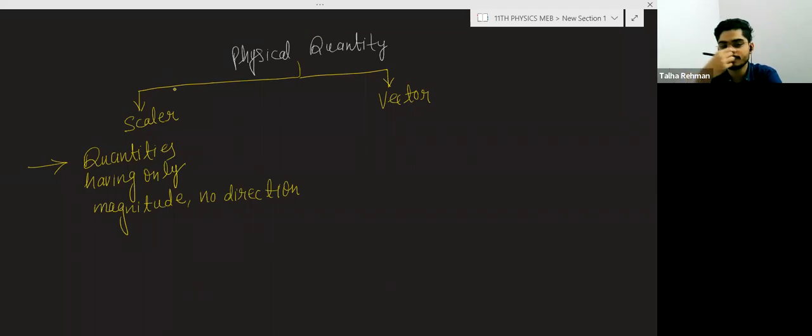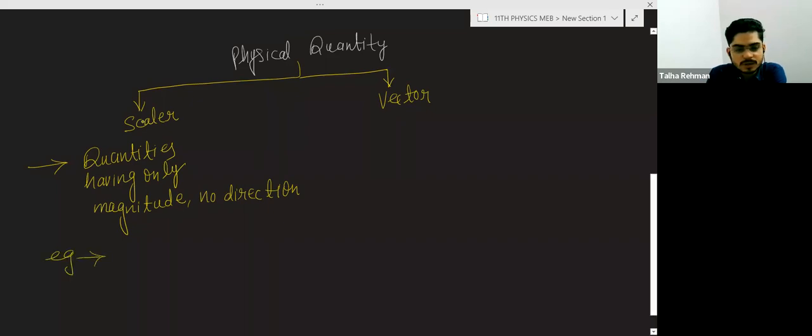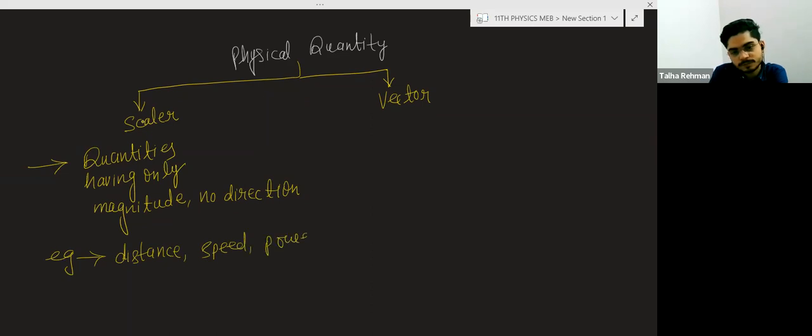There is no description of direction. There is no relation of these quantities with direction. For example, distance, speed, power, work, energy. These are a few examples of scalar quantities.